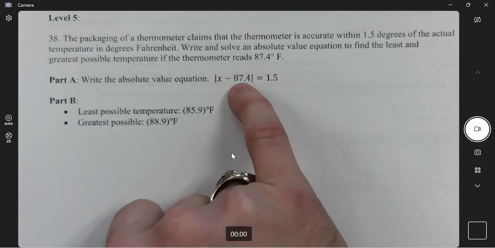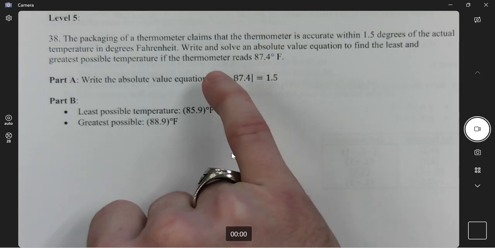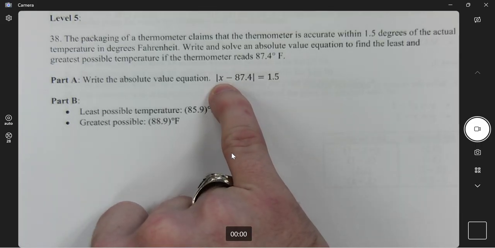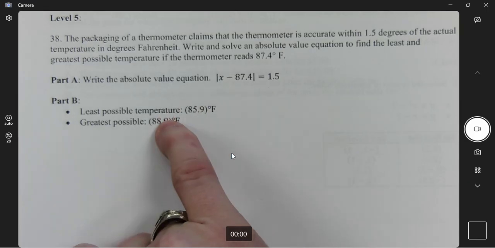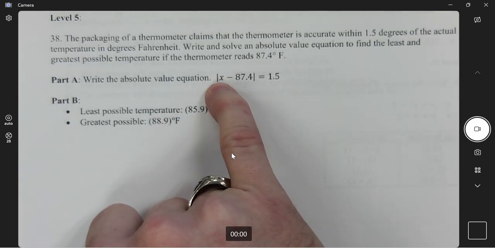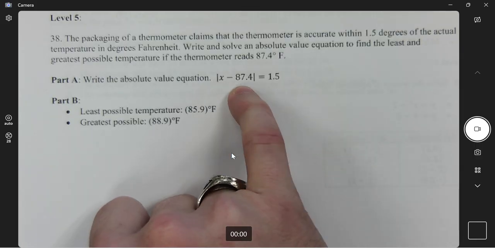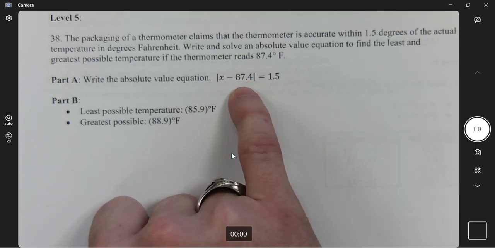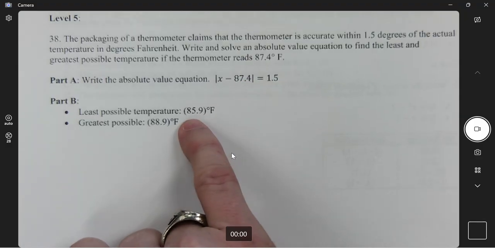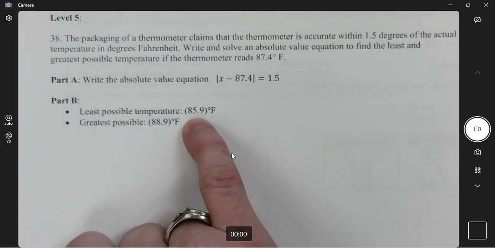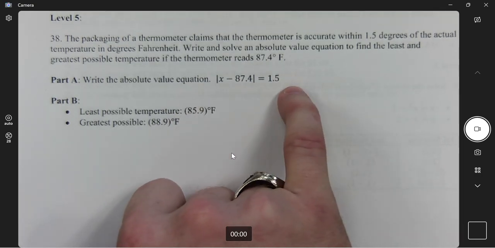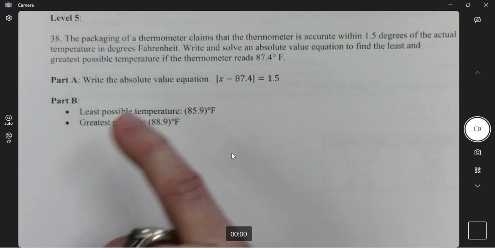Actual minus reading, this could be 1.5 bigger than 87.4, which would be 87.4 plus 1.5, 88.9. Or it could be 1.5 less than 87.4, so you would just do 87.4 minus 1.5, and that's how you get the 85.9. Or if you weren't comfortable understanding that math, you could just type it on Desmos and see what its smallest and highest are.